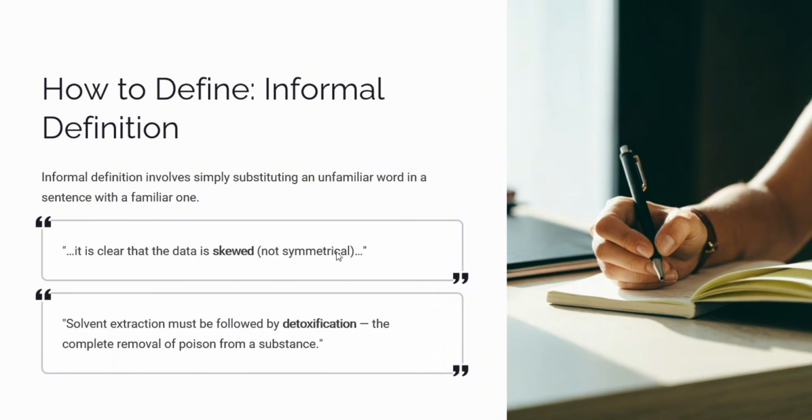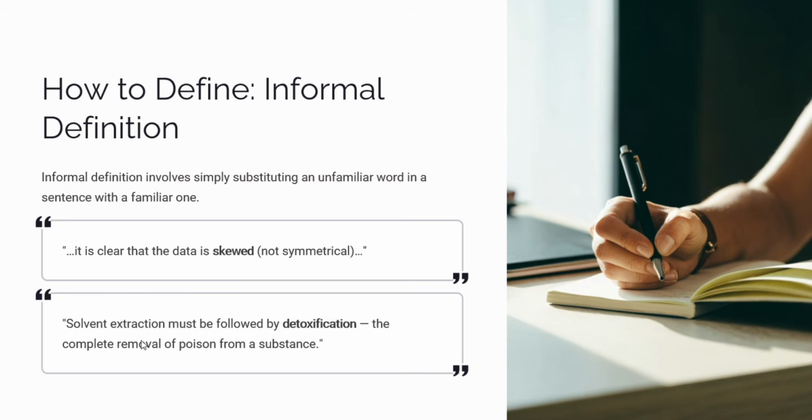So this is an example of informal definition. It is clear that the data is skewed. That is, the data is not symmetrical. That is an example of informal definition.